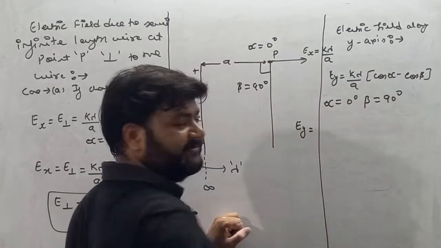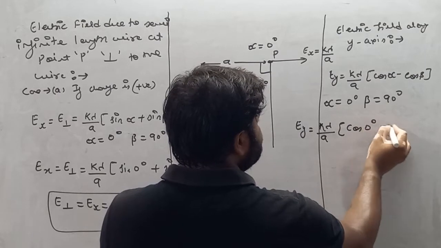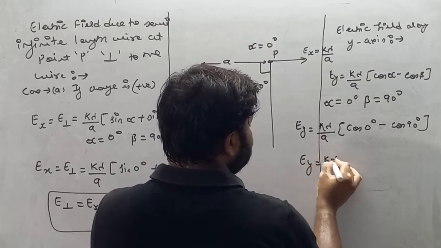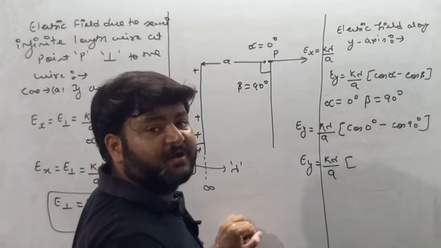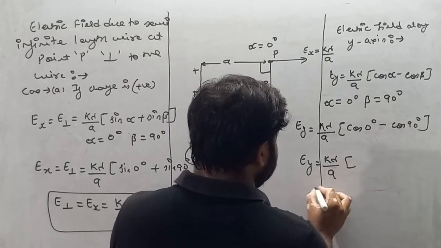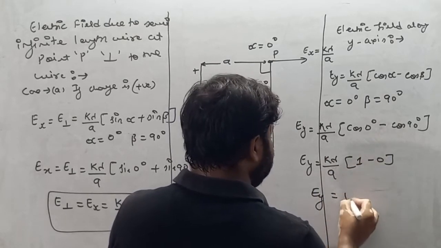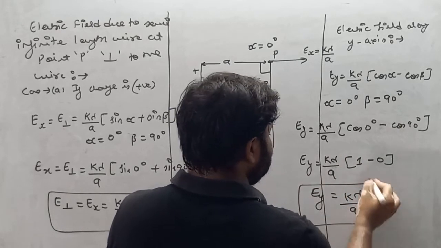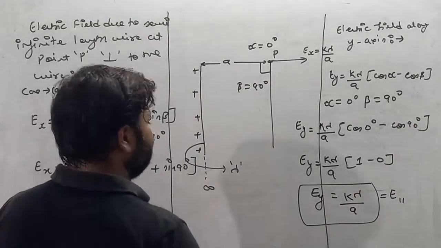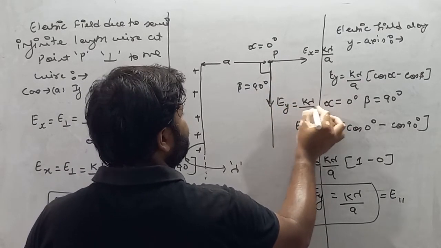So Ey, electric field along y-axis, is equal to k lambda by A (cos 0 minus cos 90). Cos 0 is 1 and cos 90 is 0. 1 minus 0 is 1. So it will be k lambda by A. So electric field along y-axis is also equal to k lambda by A, which is also called parallel electric field.